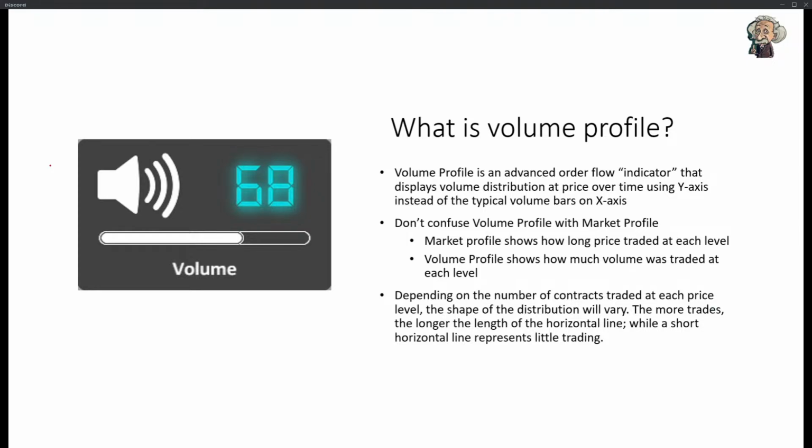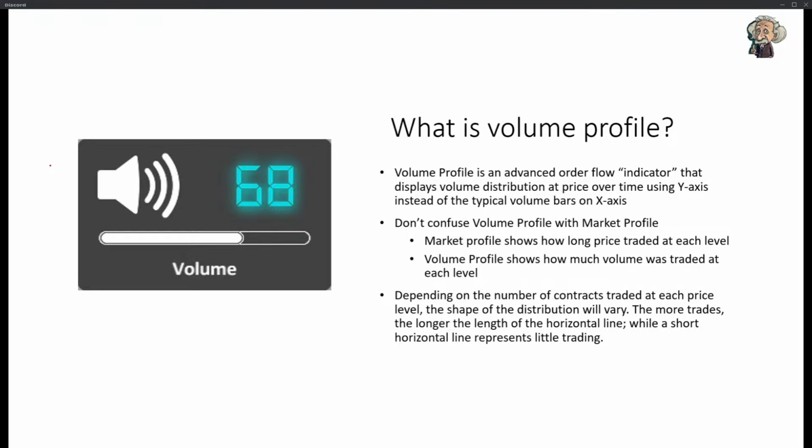When the volume profile was invented, the idea was to understand how much volume was used at this price, and did the price go above, stay within, or where did it break out from that consolidation? And that's how we mainly use it.